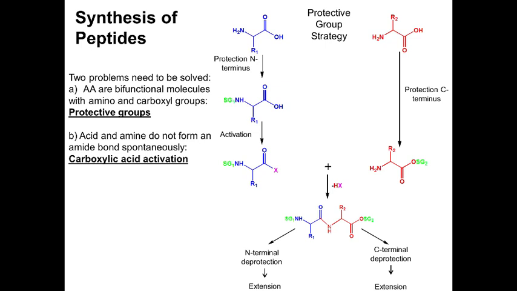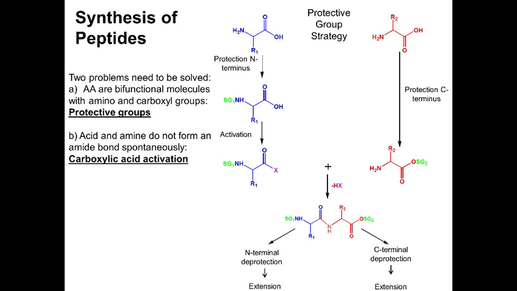So we need to connect the amino acids together in a specific way. And how can we do that? This is realized by protecting the groups that should not undergo the peptide bond and leaving one carboxylic acid free and one amine free, so that the two amino acids can be connected in a specific way.